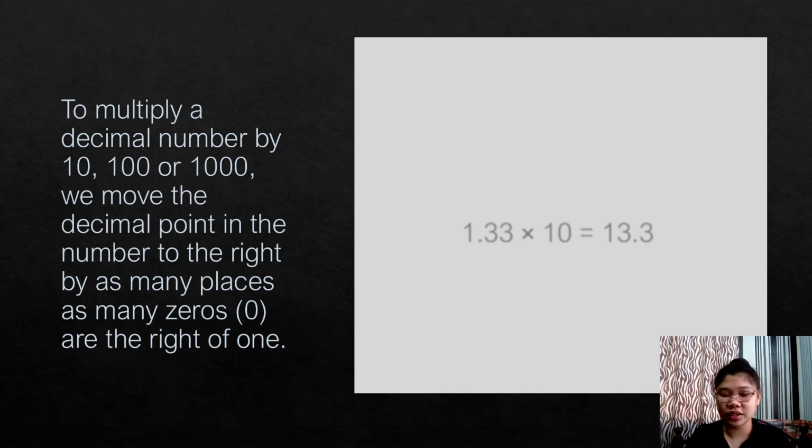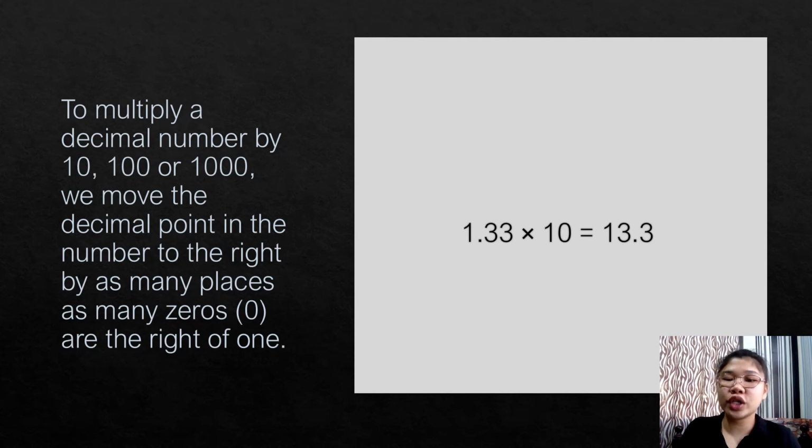So, in simpler terms, as an example, we have 1.33 multiplied by 10. So, we have here 1 zero. So, we have to move the decimal point to the right by 1 because we only have 1 zero. So, 1.33 multiplied by 10 is 13.3.